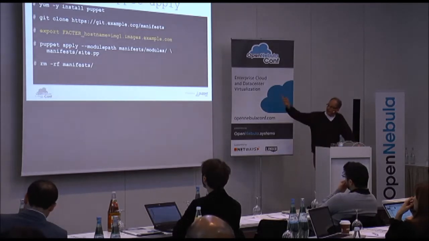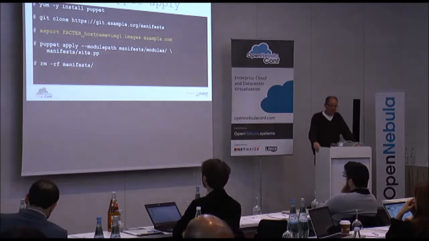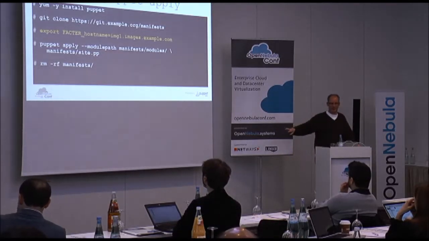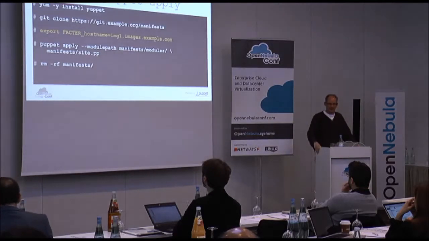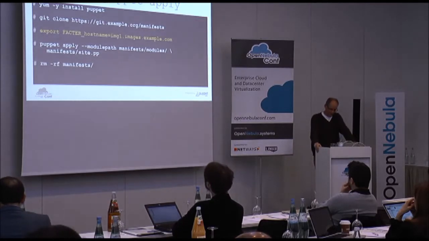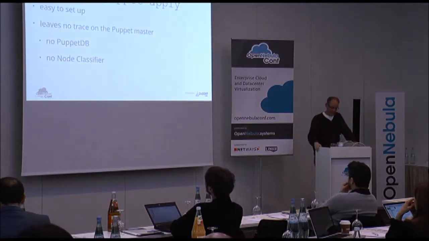And that's one of the things I don't like about Puppet apply that much, is that you wind up downloading everything about your infrastructure into the image build, and if you're not careful to clean up after yourself, you have all that lying around in the instances you launch of that. But as I said, using Puppet apply in that situation is really easy to set up, and you don't have to fiddle with any sort of Puppet masters or anything like that.